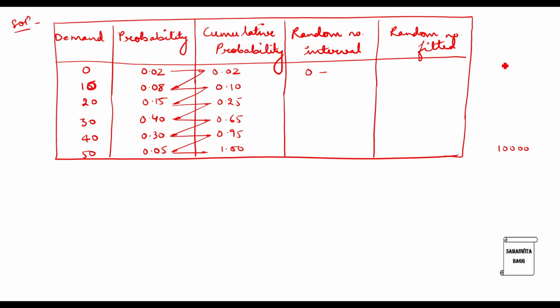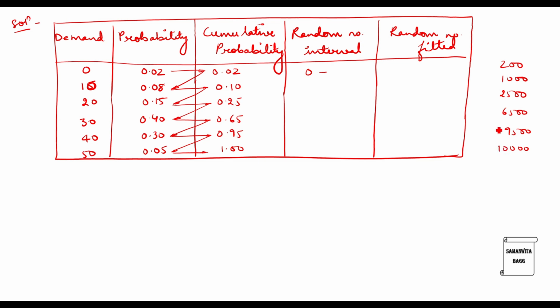So this number becomes 200, this becomes 1,000, this becomes 2,500, 6,500, 9,500 and 10,000. That's how I converted them into whole numbers.